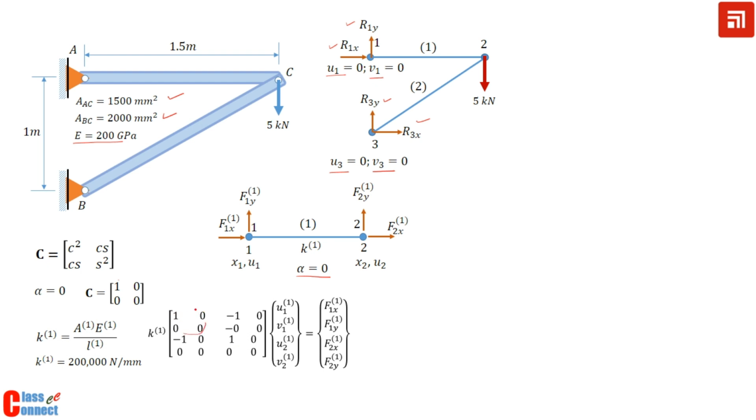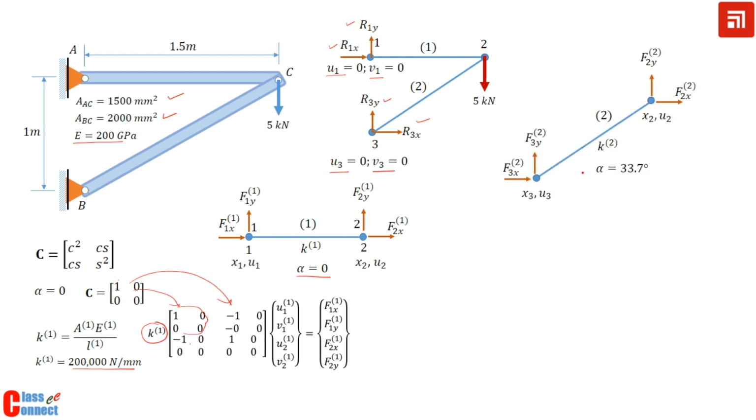This is C, this is minus C, and now we can place minus C here and C here. This is the outer term, that is the element property AE by L. If we substitute, we get this as 200,000 Newton per mm.